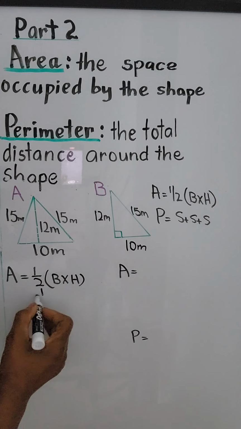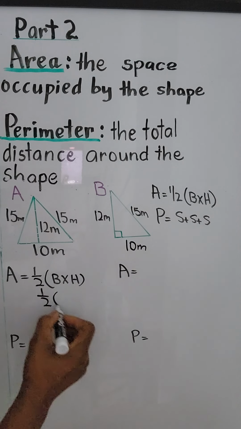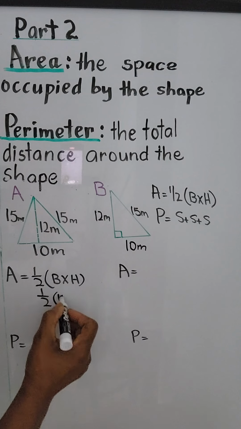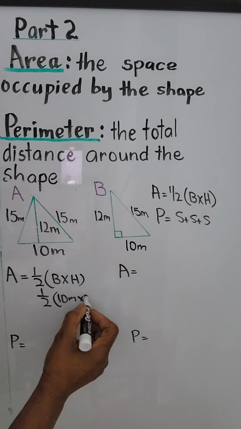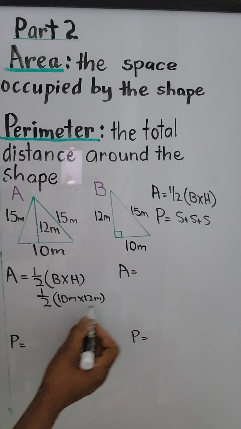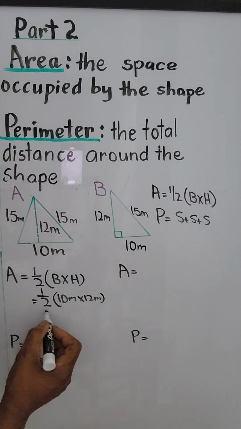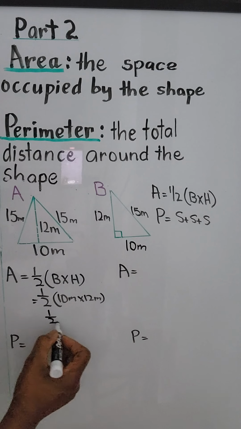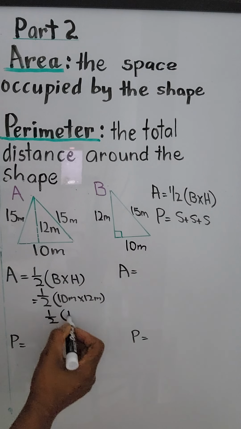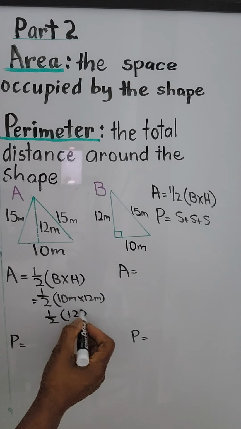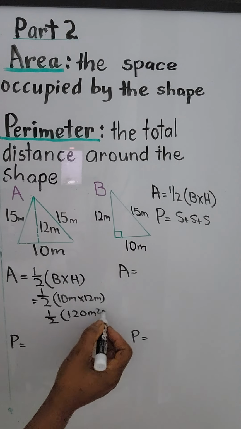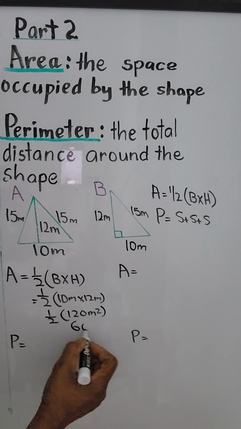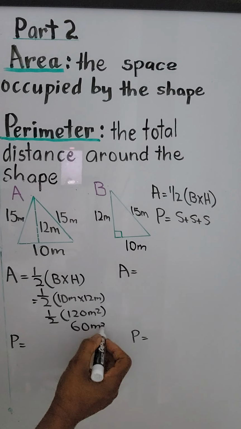That is half 10 meter times 12 meter, and that is half of 120 meter squared, which is 60 meter squared.